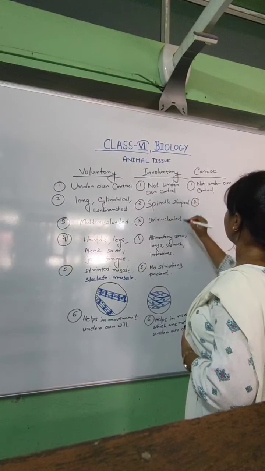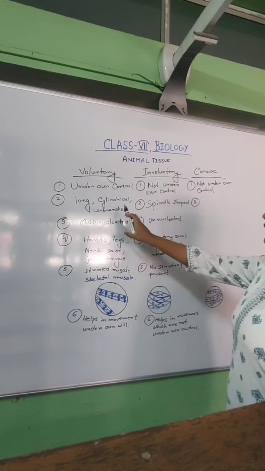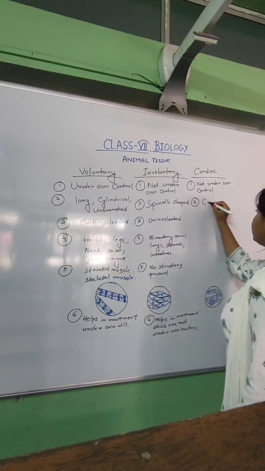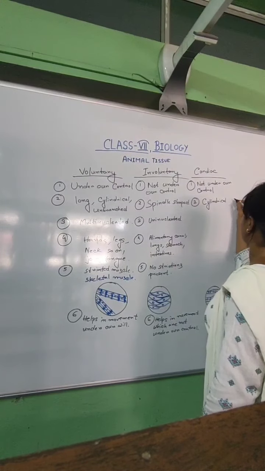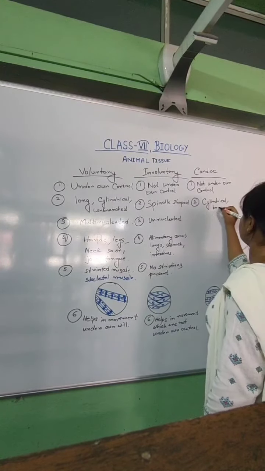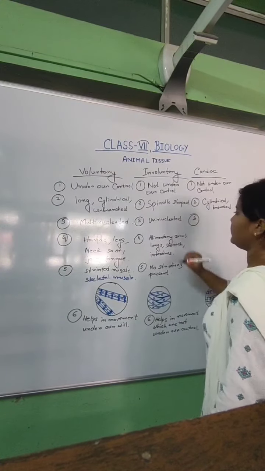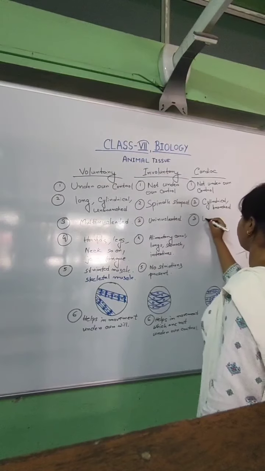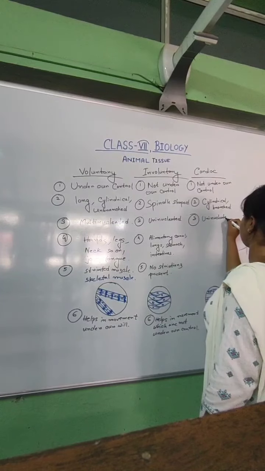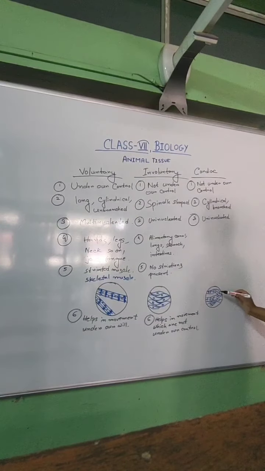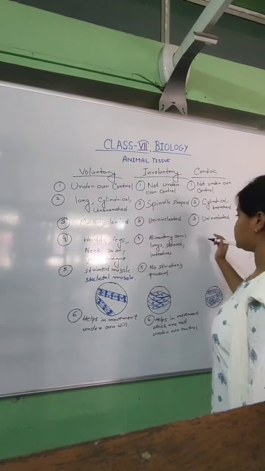The second point is how it looks. It is long, cylindrical, and branched. Third, it is also uninucleated. There is only one nucleus present in every muscle cell, not multinucleated like voluntary muscles.